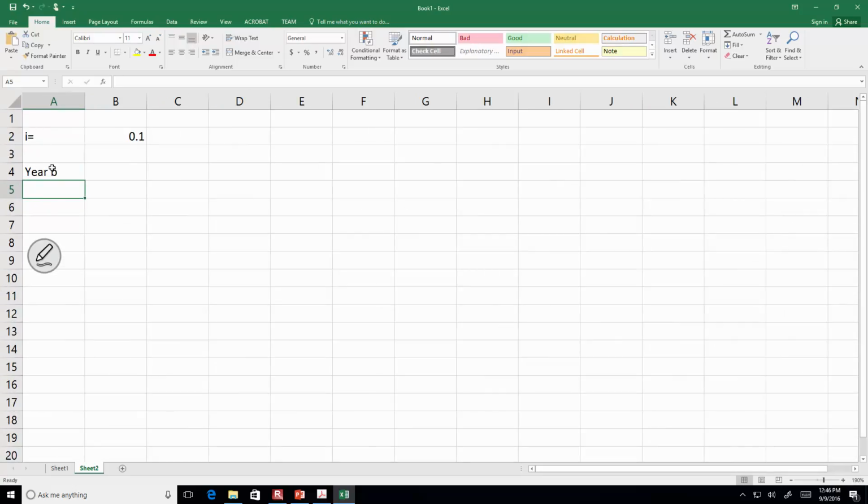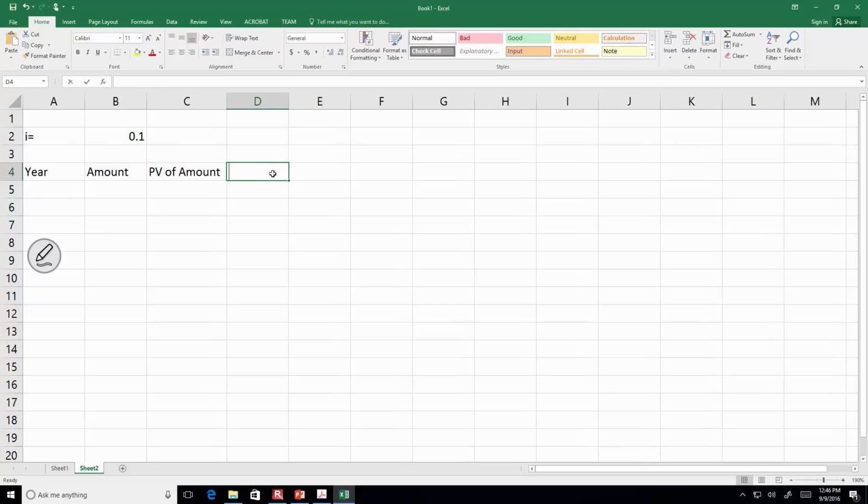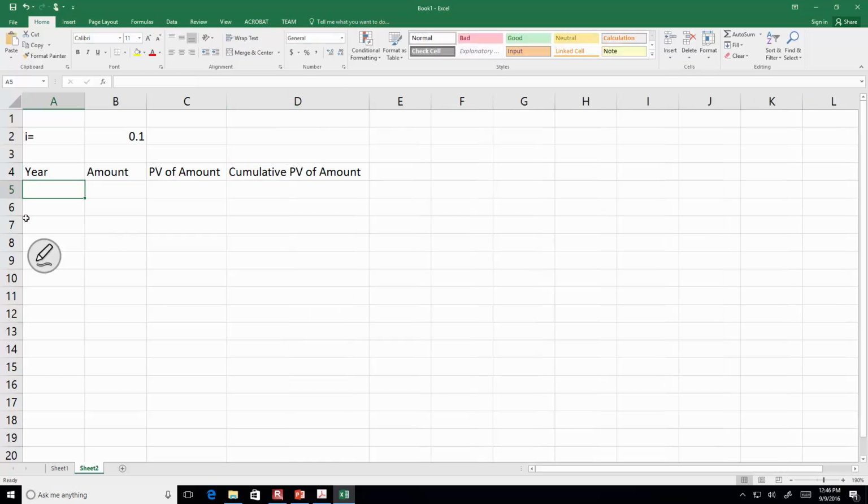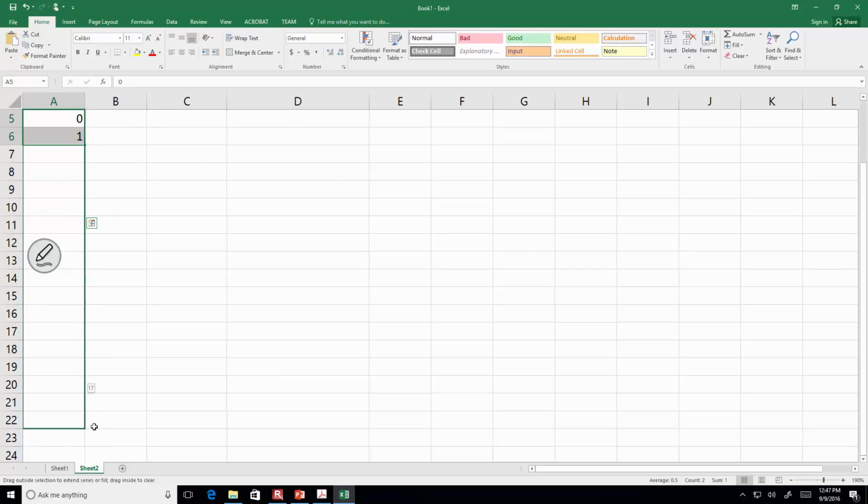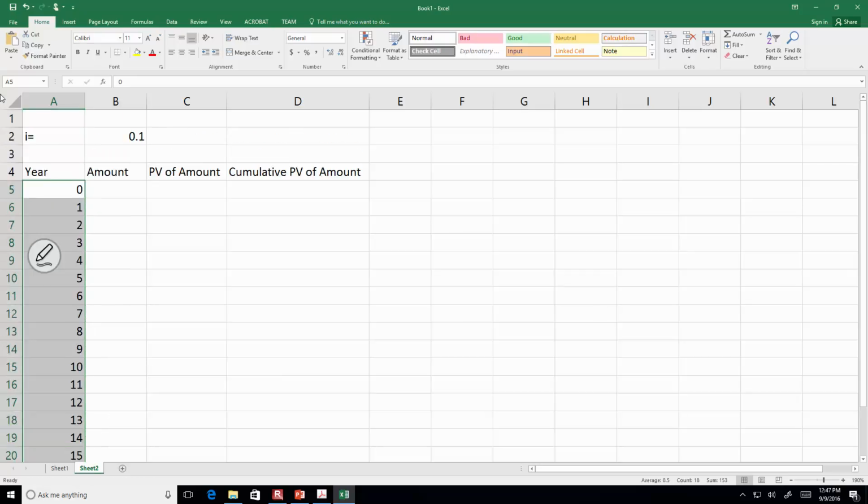All right, year, amount, PV of amount, and then something we're going to call the cumulative PV of amount. All right, so the year starts at 0 and goes through, we don't know exactly how long it's going to take. Let's drag that down through 17 years, just to be sure.